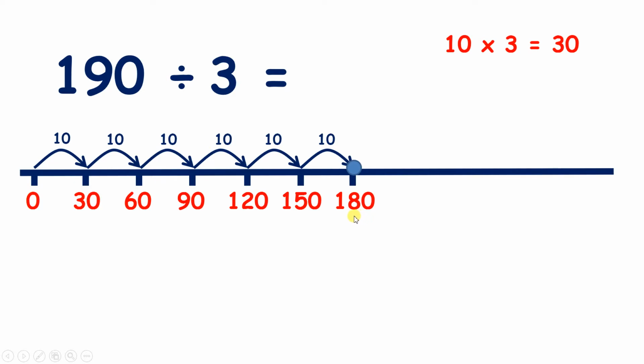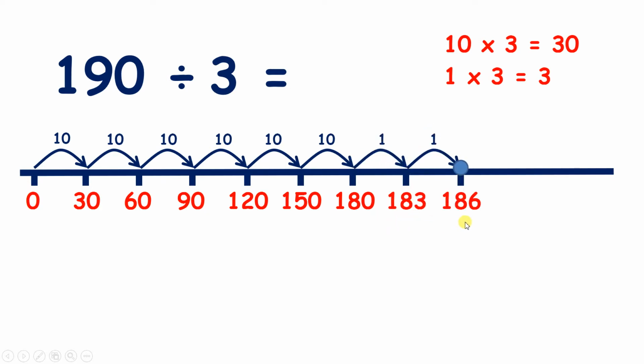So what can we do now to reach 190? Well, we can count on in steps of 1 times 3, so in steps of 3, and that gives us 183, 186, 189.